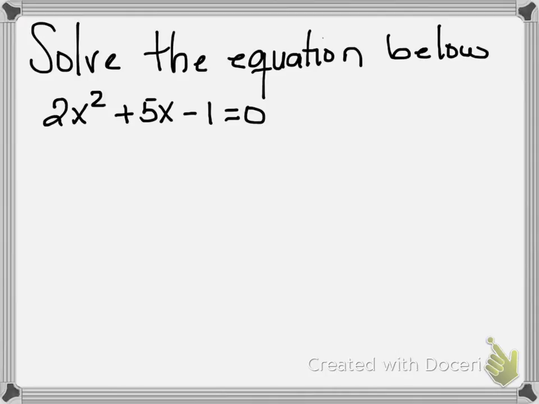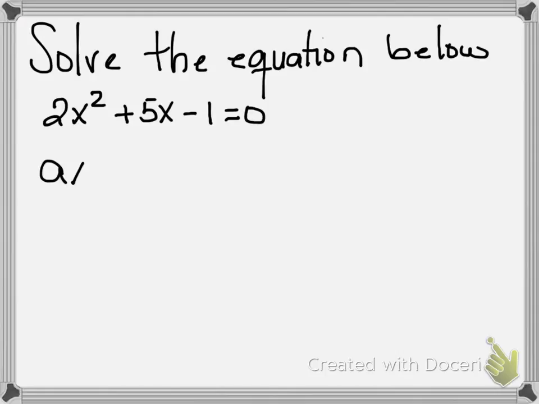Recall that we have been solving by factoring. In this case, if you try to factor 2x squared plus 5x minus 1, you will not find two linear factors. Since we cannot find the two linear factors, we have to refer back to the general form of a quadratic equation or expression.